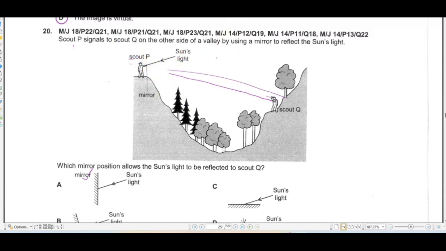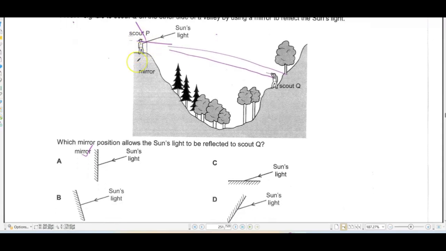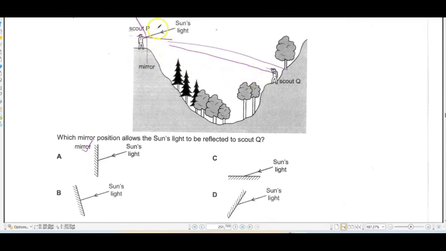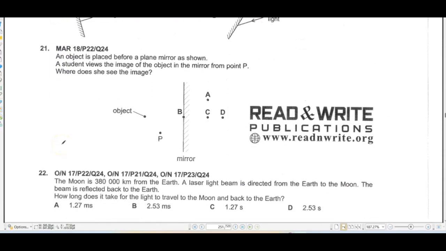If you keep it like this, like it's been mentioned in option C, तो वो तो इसी तरह रिफ्लेक्ट हो जाएगा. And in option D as well, if it's like this, तो ये Scout won't be able to get it. So A seems to be the best option that gives Scout its light. You can use your rulers and protractors and then do the questions.